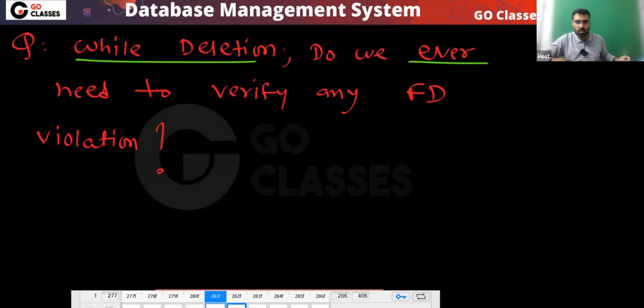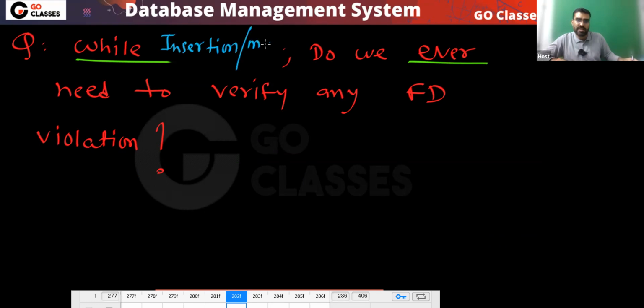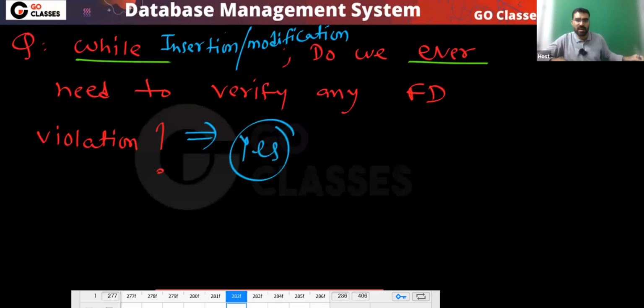Then I can say that while insertion or modification, either you insert the data or you edit or modify the data, yes, we need to verify whether an FD is violated or not. In this situation, we have to make sure that FD is not violated.